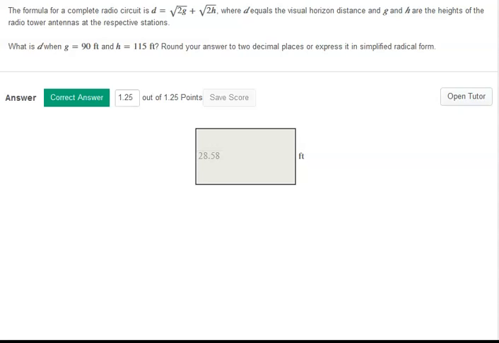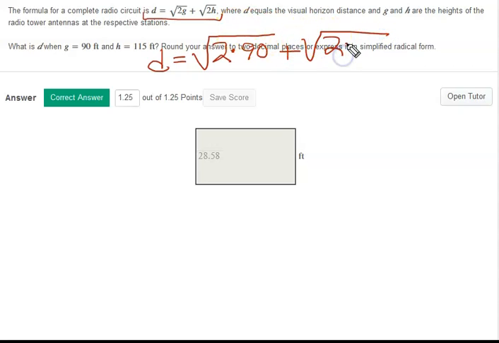In this example, we're going to be working with radicals. Here is our basic formula, and we want to solve for d. And we have for this the square root of 2 times g, and our value for g is 90, plus the square root of 2 times h, where h is 115.